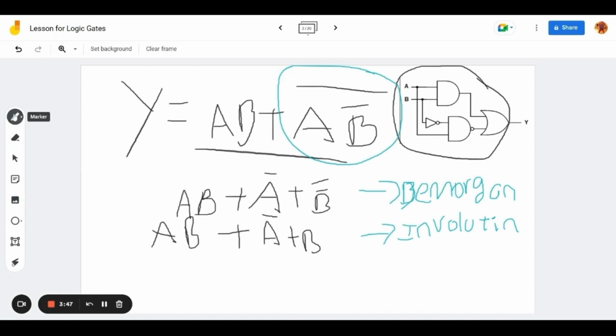The next law that comes is the simplification law. I'm just going to write simple for simplification. Simplification law is the same thing as absorption, if you remember, but it involves nots.